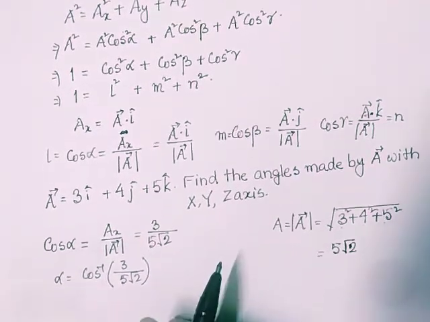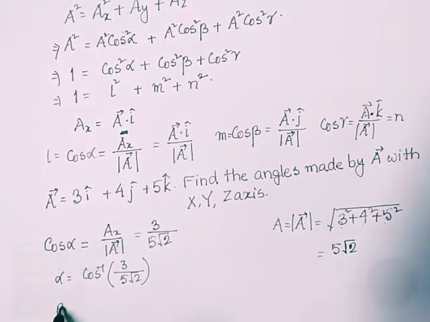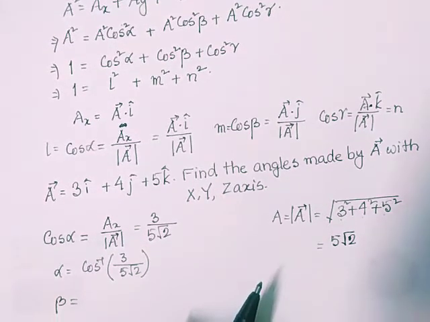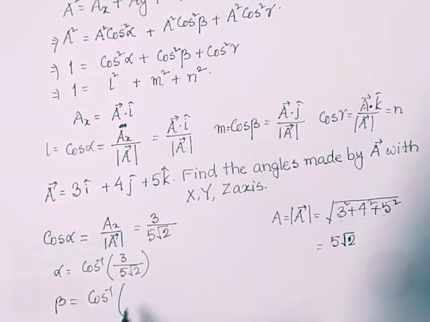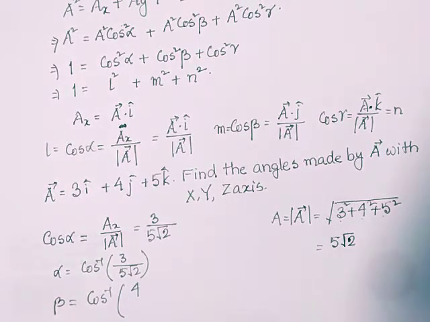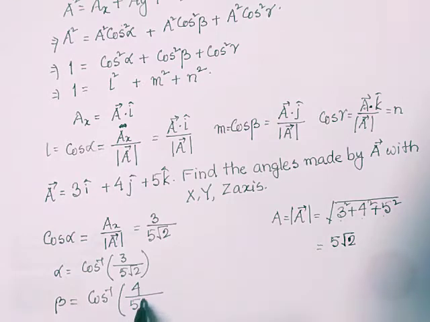Similarly, if I want to write beta, that is the angle made by the a vector with the y-axis, obviously this will be the component of the a vector along the y-axis divided by the magnitude of the a vector.